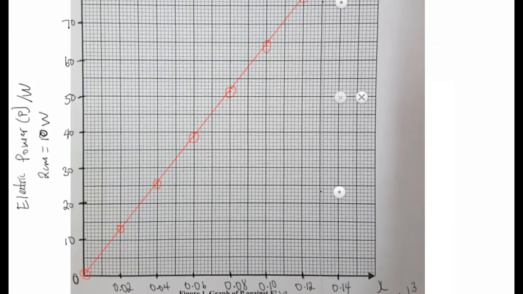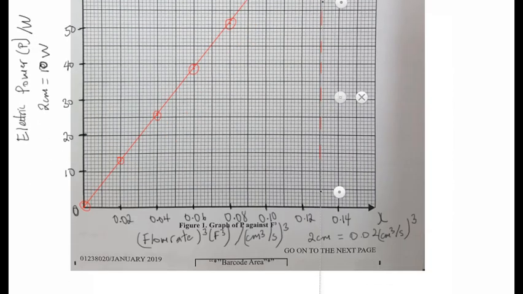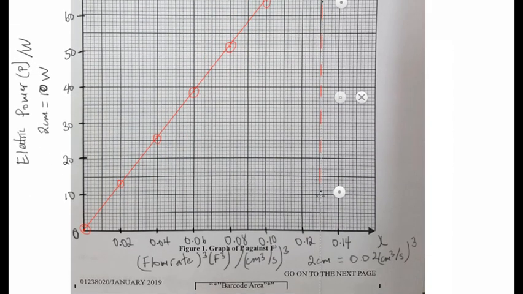So I'll place the ruler in place. Alright, so I'm going to mark off my points using dotted lines. Alright, so that's the rise.